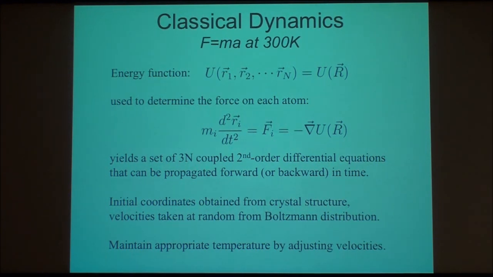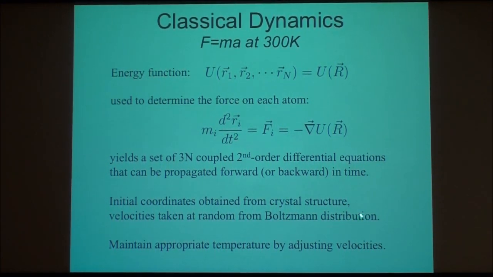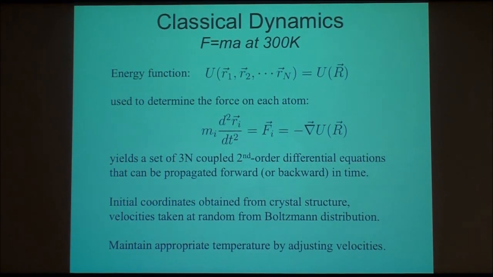Okay. So the rest is essentially, as I pointed out, you get the initial coordinates from somewhere. We will randomly assign initial velocities based on a Maxwell-Boltzmann distribution, targeting the temperature that you want to simulate at. From that point on, you just propagate and repeat the same kind of calculations over and over using the time step that is appropriate for the system.